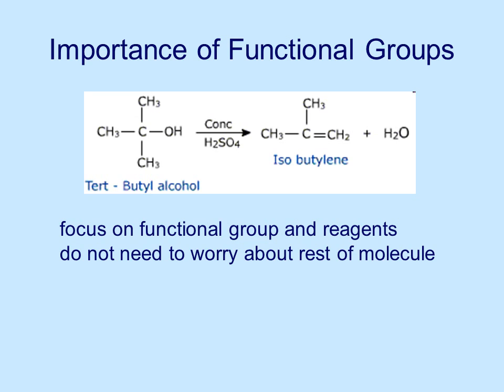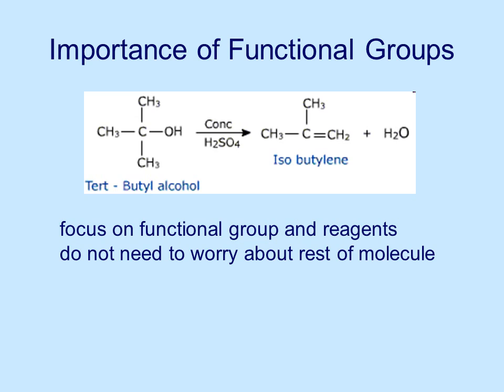Now, when we talk about functional groups, this allows us to focus strictly on the functional group and the reagents, and we don't have to worry about the rest of the molecule. For example, if we react this tertiary butyl alcohol with concentrated sulfuric acid and heat it up, we're going to form a carbon-carbon double bond and a molecule of water.